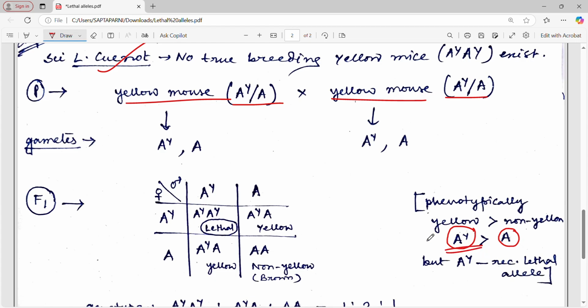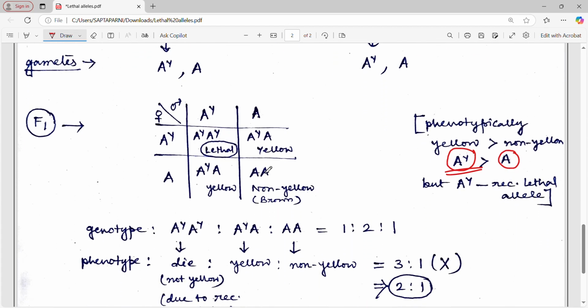By crossing these two heterozygous yellow mice, in the F1 generation he should get, according to Mendelian genetics, one A^Y A^Y yellow mouse, two A^Y A heterozygote yellow mice, and one AA non-yellow mouse, homozygous recessive.